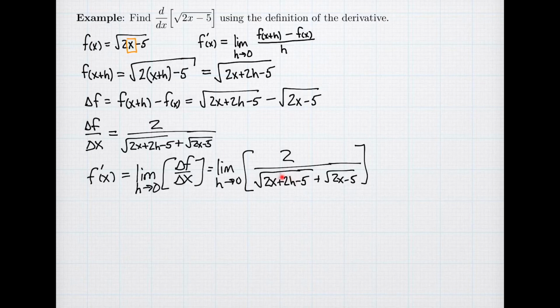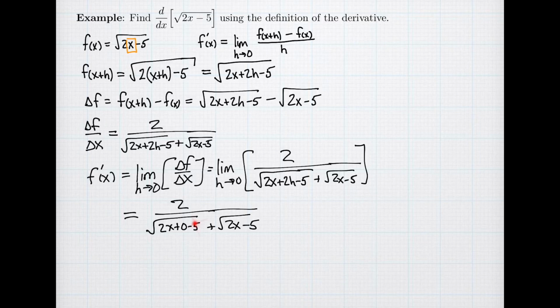And there's only one spot that h appears in our formula. So this h is going to get closer and closer to 0 until it goes away. And so our derivative is 2, set the h to 0, I get 2x plus 0 minus 5. And then I'll add the square root of 2x minus 5 in the denominator.